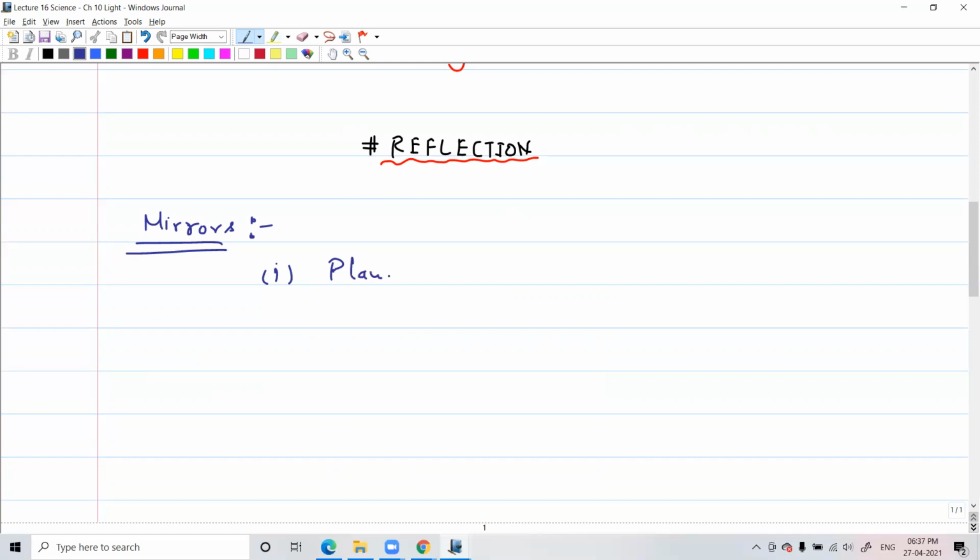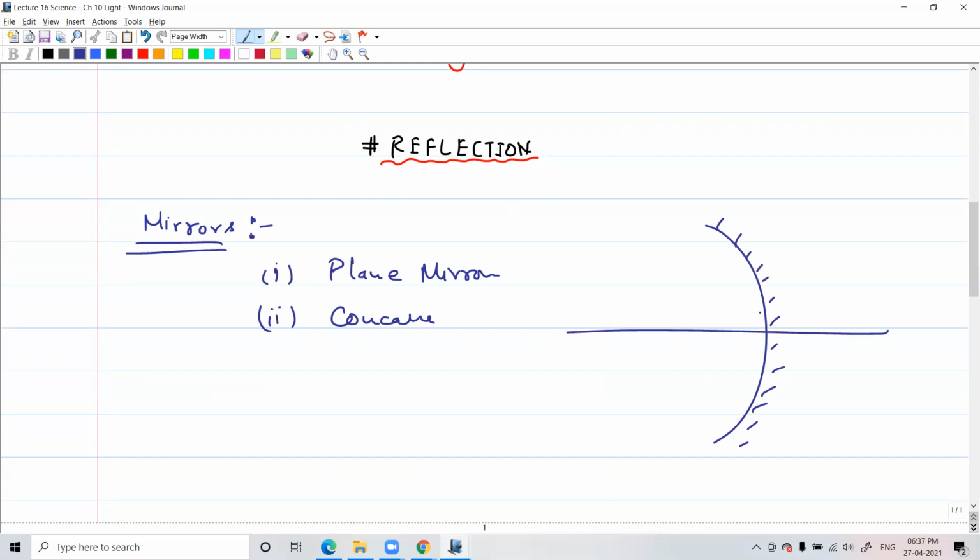So you have studied about plane mirrors, and concave mirrors also, something like this. Yes, with the help of spoons. Front side, back side. The back of the spoon would be concave and convex. But we will be studying about this in more detail, not just with spoons.